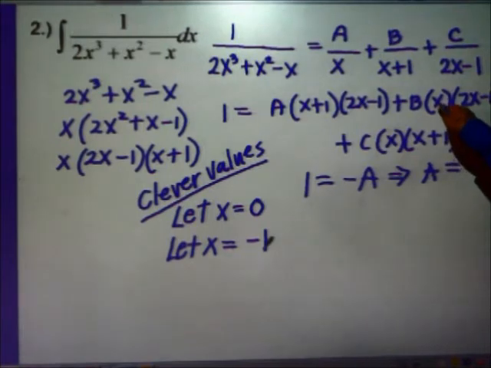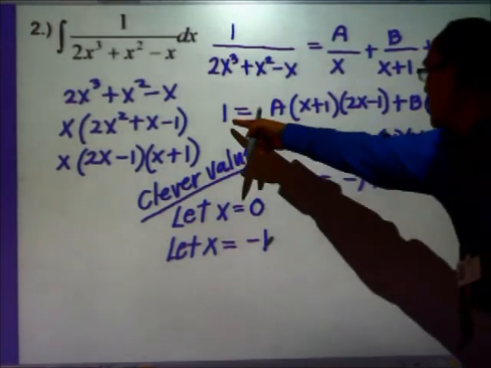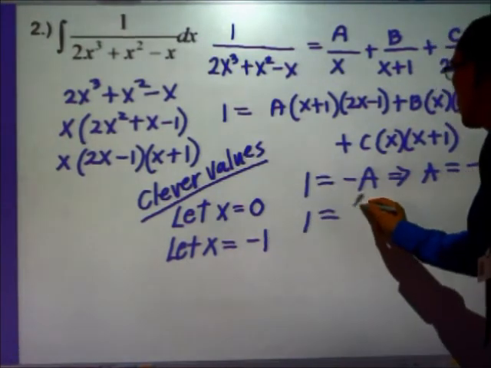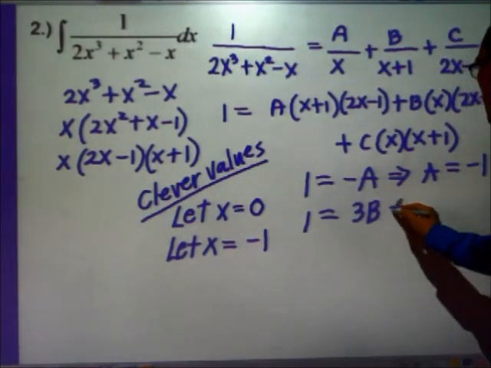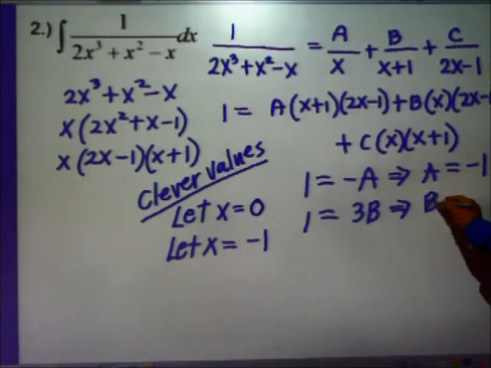But if we plug in -1 here, we will have -1, 2 times -1 is -2, minus 1 is -3, times -1 is +3. So that means 1 equals 3b, which means that b equals 1/3.